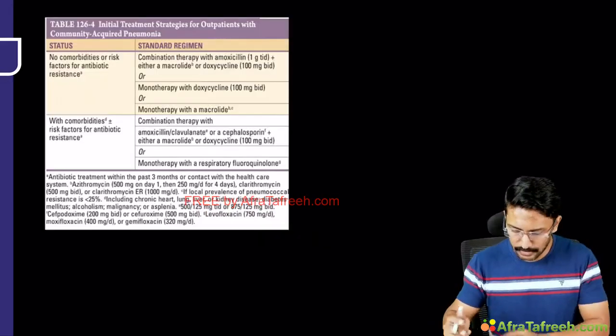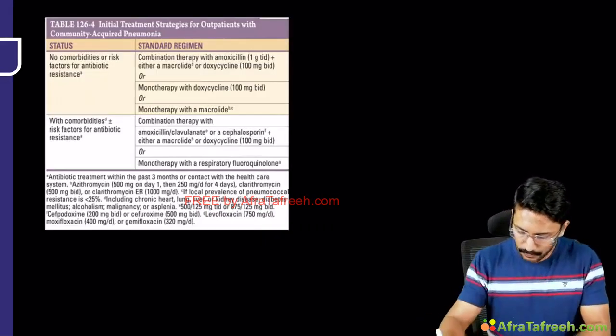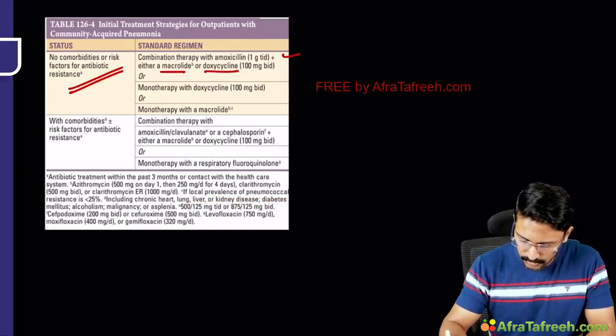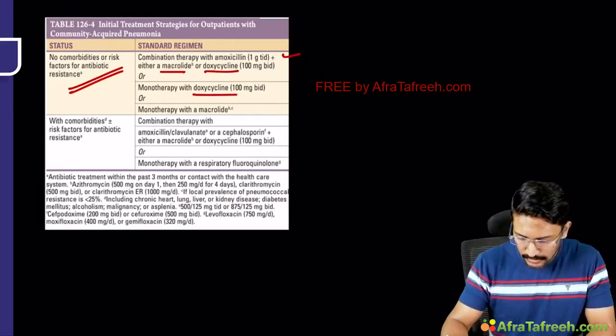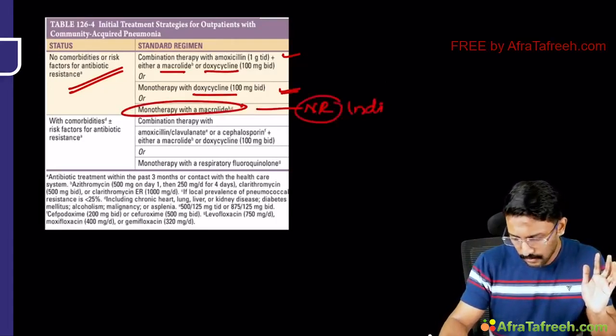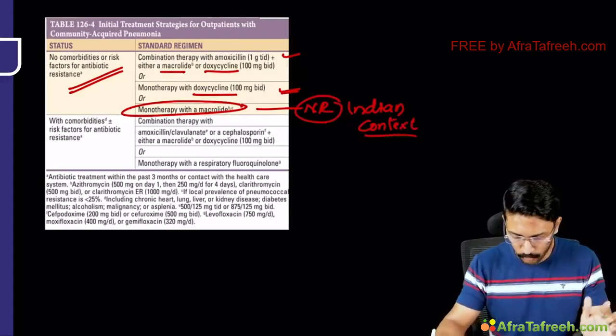Okay, I'll show you the table that is there from the Harrison. So no comorbidities or risk factors, then amoxicillin plus a macrolide or doxycycline. Monotherapy with doxycycline can be considered, I forgot to tell you, but monotherapy with macrolide is not recommended in the Indian context. In Indian context, we cannot use macrolide as a monotherapy.